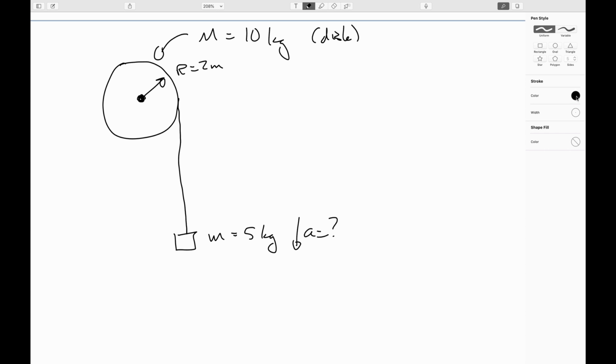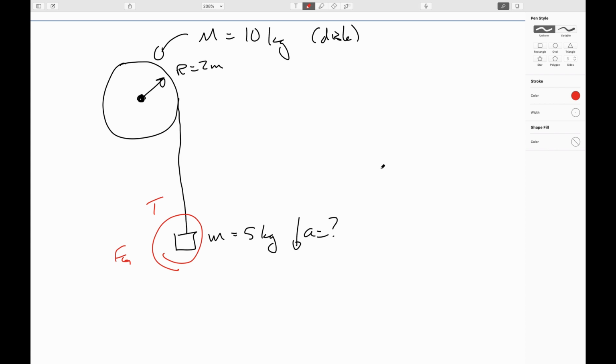So let's go ahead and follow that through. Let's first do this bit here. So again, force identification diagrams: there's a force due to tension and there's a force of gravity acting on it. And that's about it.